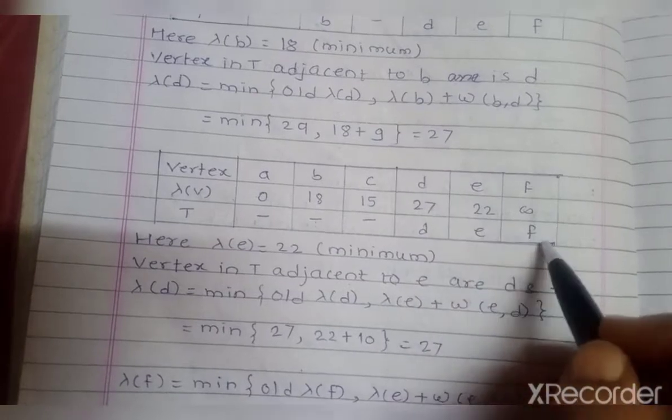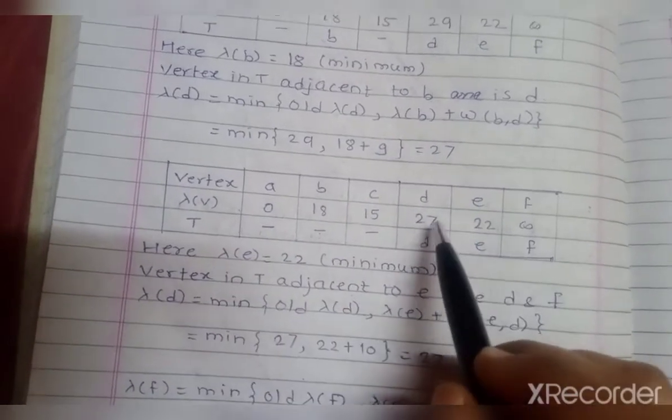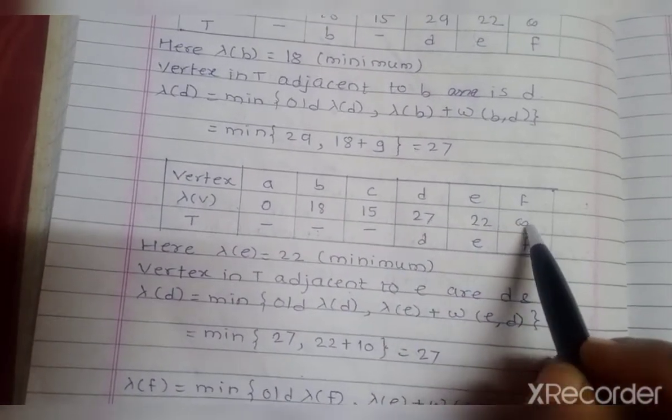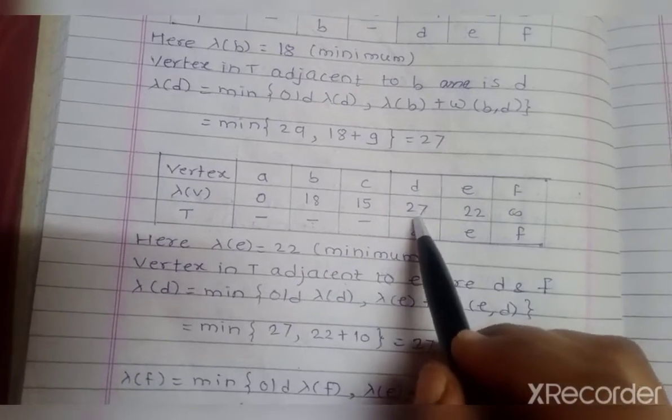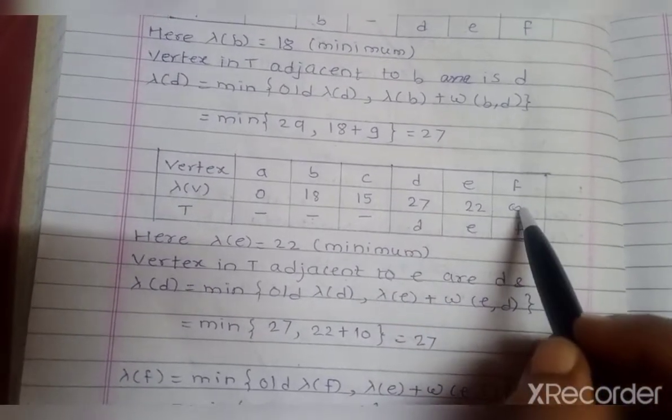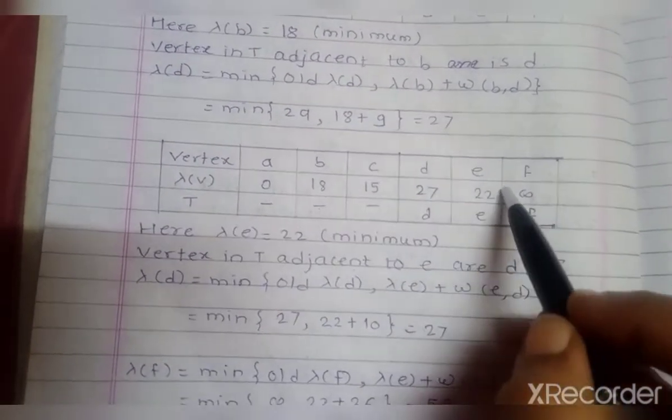Among D, E and F we check what the minimum lambda value is. Among the values 27, 22 and infinity, 22 is the minimum.